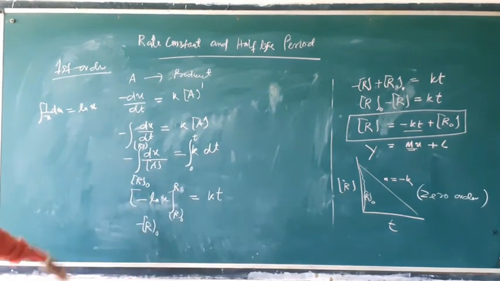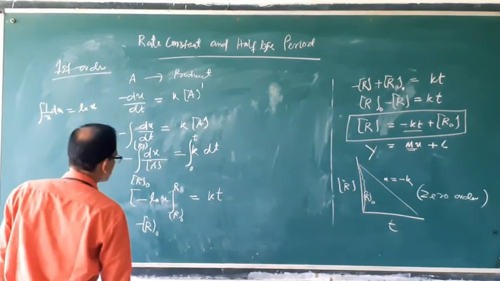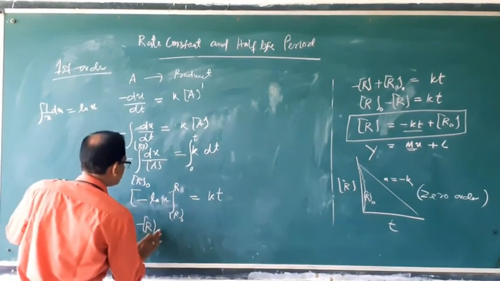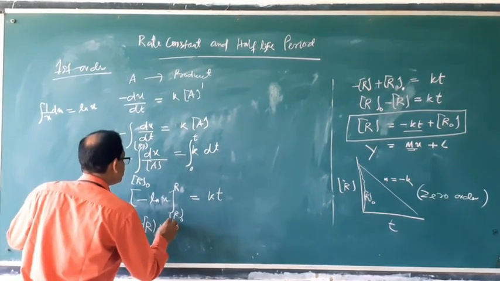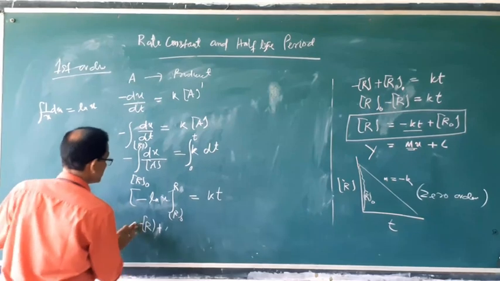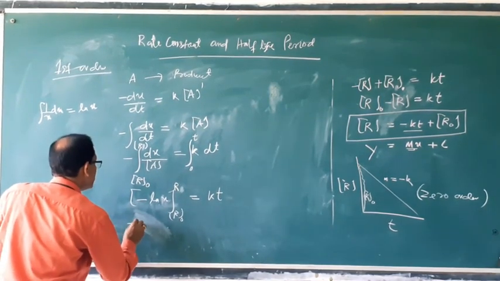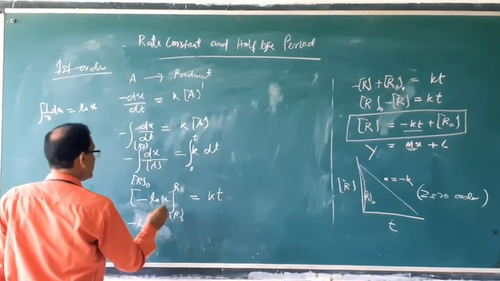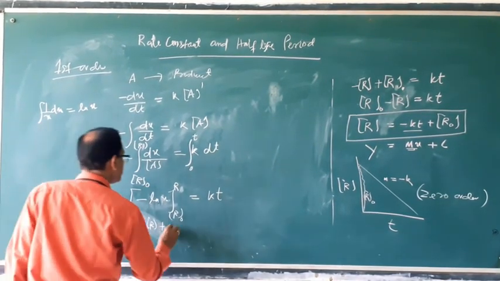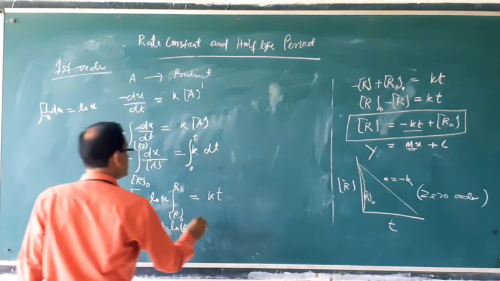So when r0 to r, the value will be how much? Minus ln r, minus minus plus ln r0, is equal to kt.